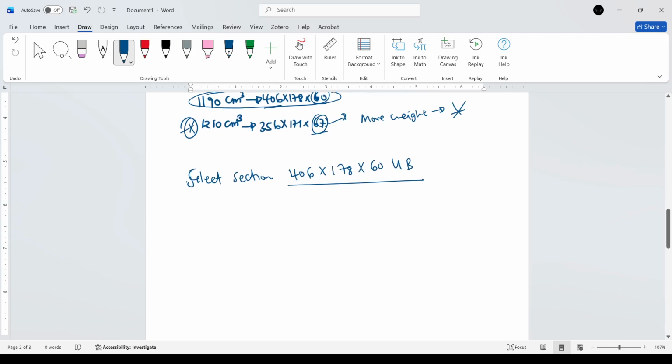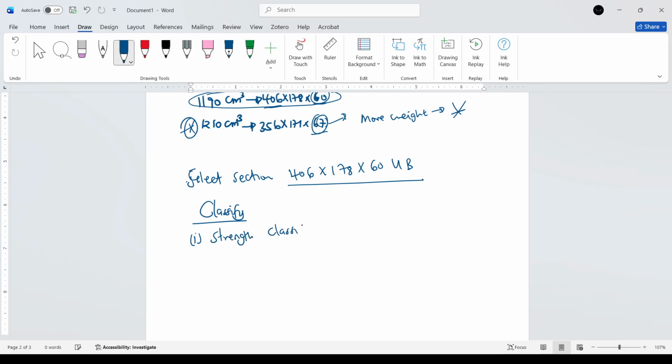Very good. So we now begin classifying. So we classify the section that we have. How do we classify? We classify based on two parameters. The first parameter of classification is strength.